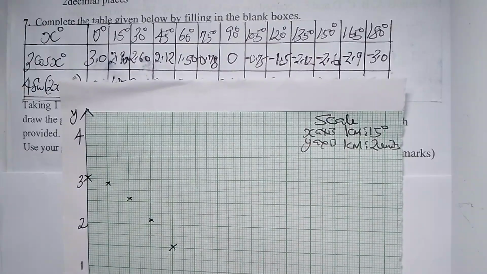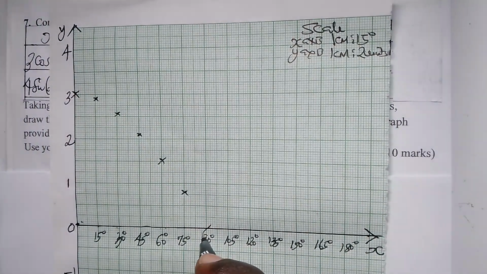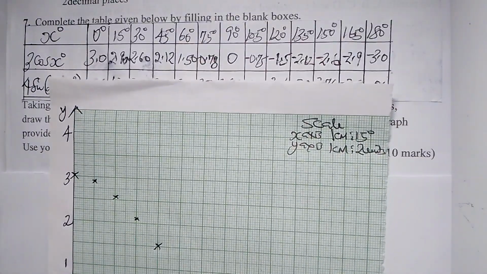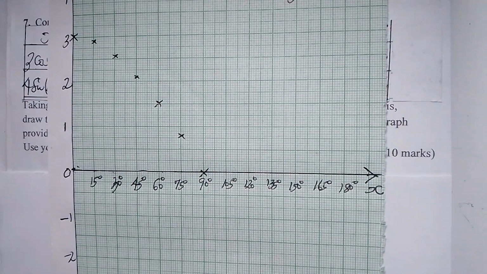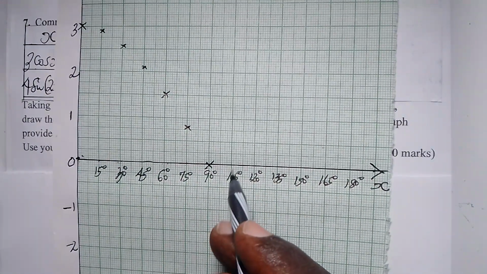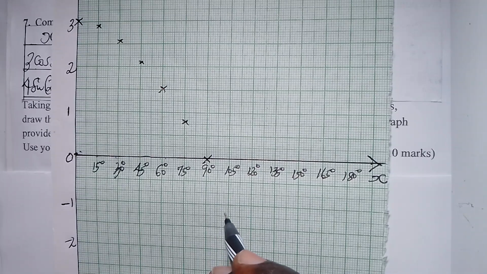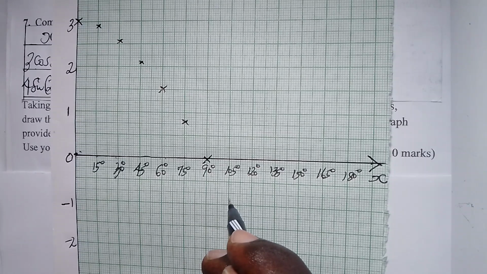90 degrees, 0, right on the line. 105 degrees, negative 0.75, approximately equal to negative 0.8. Let us put it at negative 0.8.